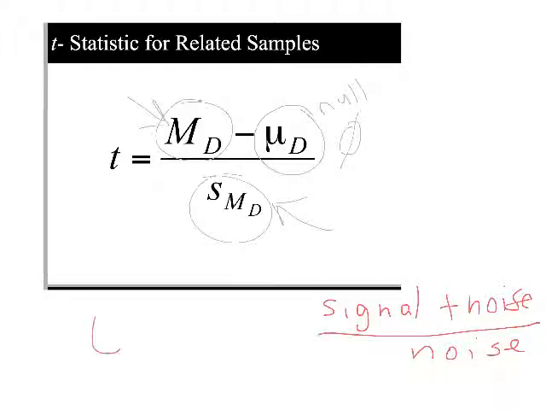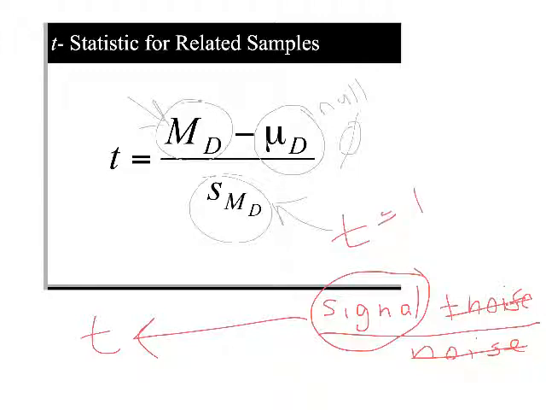So we want a t-value that's positive, and the larger it is, the more likely we're going to be to reject the null, because the noise will cancel out. And so the t is really the signal, right? So if t equals 1, there's basically no signal. We want it to be greater than 1 if we're going to reject the null.